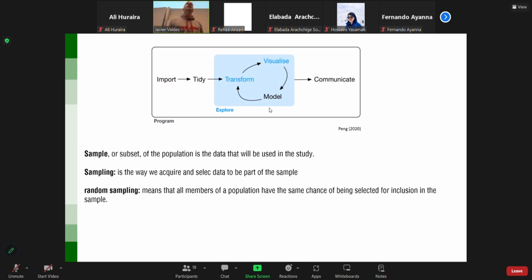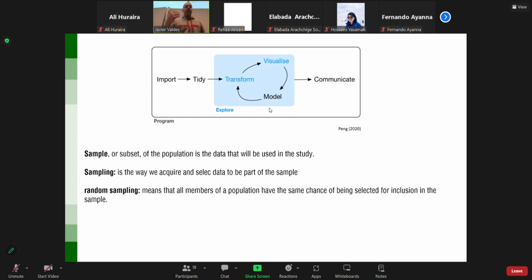The more data we have, probably the more our sample looks like the population, but it is not always the case. What we have to do is, based on a sample, make assumptions about the population. And this is you making decisions already.